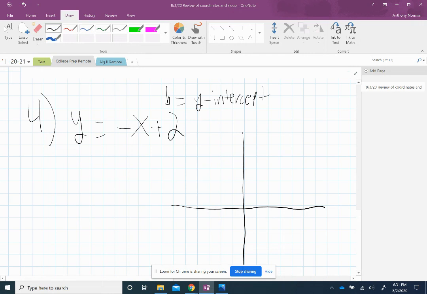So that's where it touches the y, so we're going to go up 2, and this is a point on our graph. Our slope is -1, which means we're going to go down 1 over 1, down 1 over 1, and we'll draw our line.